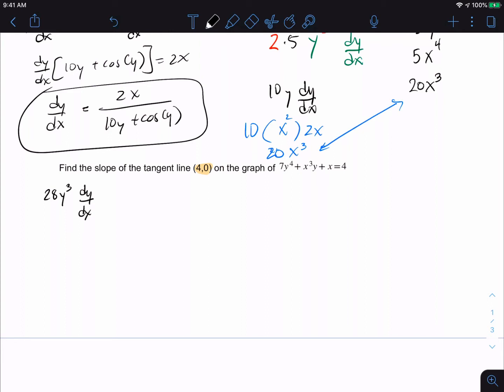The bottom variable, the x, is what we're taking the derivative with respect to. So basically this bottom letter is saying I'm trying to find out what the derivative is for x's. Okay, what about the next one?